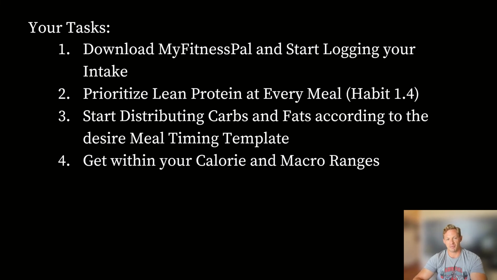Start making that part of your daily consumption goal. Once we're able to do that, then we'll start looking at that macro distribution that works best for you, whether that's 3, 4, 5 meals a day, but start distributing your carbs and fats according to one of those templates. And as we work towards that, we can start refining and making sure that we land under our calorie target and within our macro ranges.